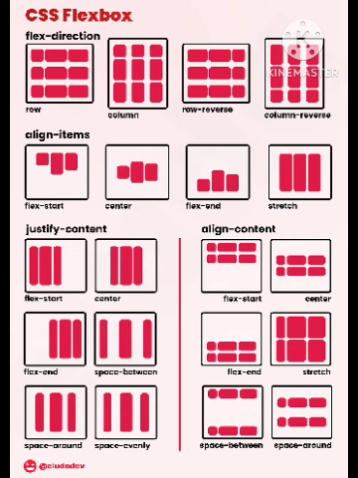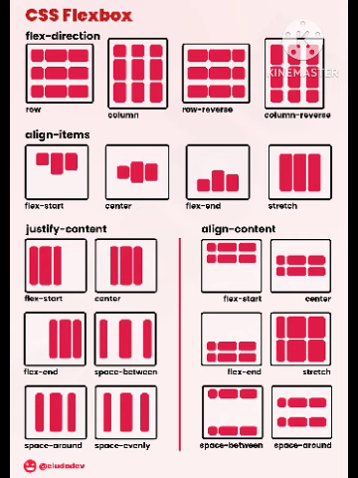For example, take a container that is 400 pixel and inside you have 6 divs, A, B, C, D, E, F, and each div is 100 pixel width. So what will happen? It is overflowing, right? You will not have space for E and F. Only for the first 4 divs you will have space.